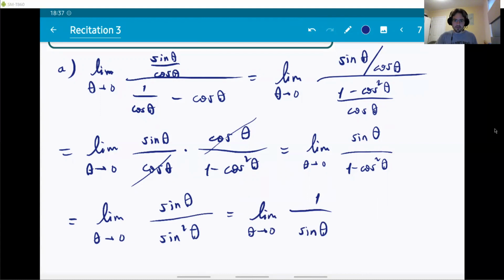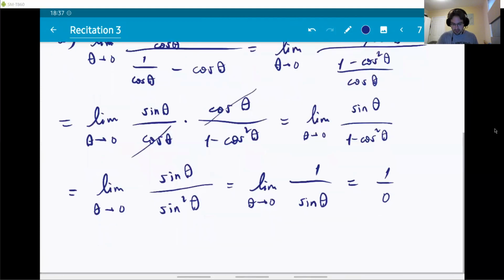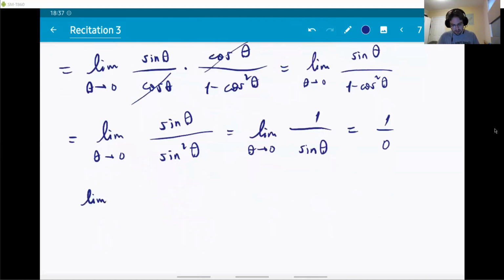Plugging in theta equals 0 will give you 1 over 0. So you know it's going to be either plus or minus infinity. So it might actually depend on which side you're coming from. In this case, it does depend on that. Let's do that quickly. If you're coming, for example, from the right, then sine theta is positive. Sine of a small number larger than 0 is positive. So this will be a plus infinity because sine theta is positive.